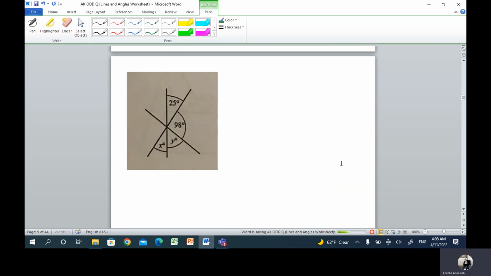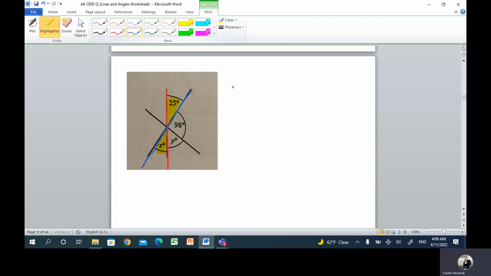As you can see here, please note that this line and this line, the angles in between, which is this angle and the angle between the navy and the red, they are equal.